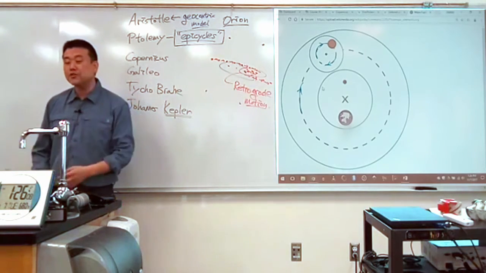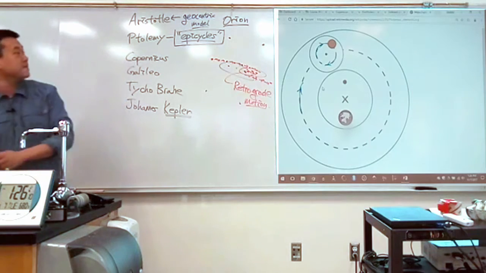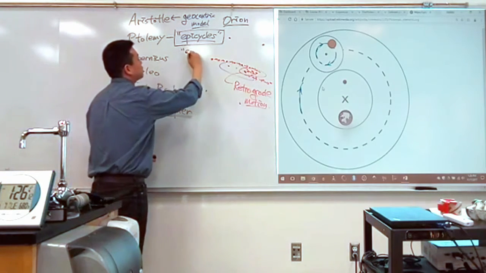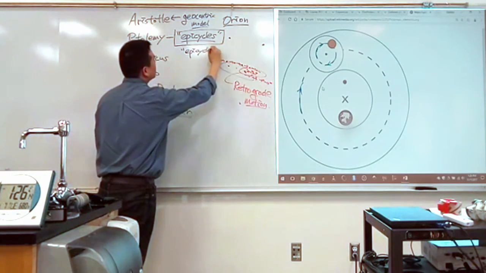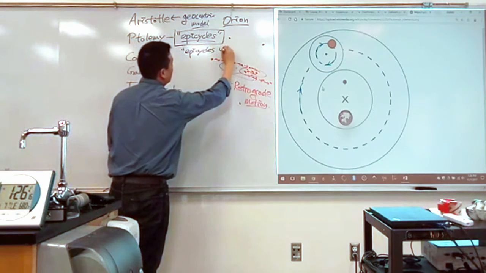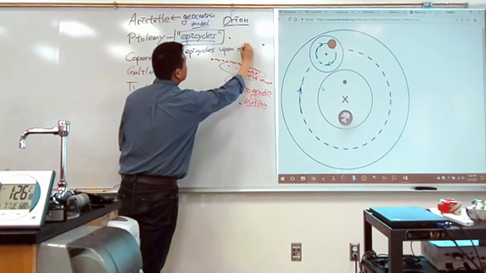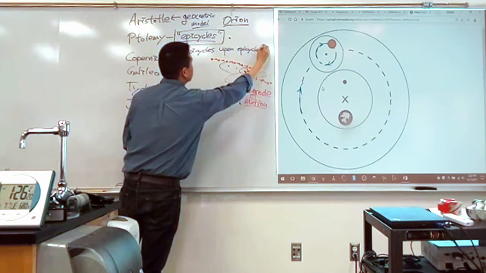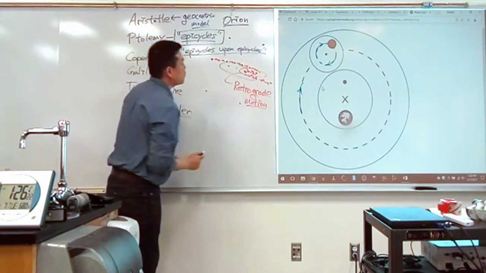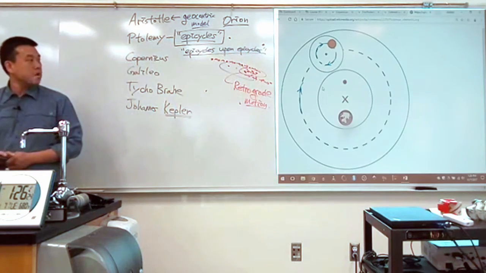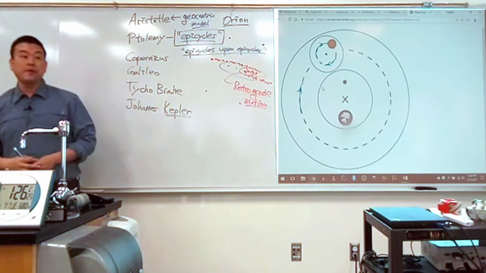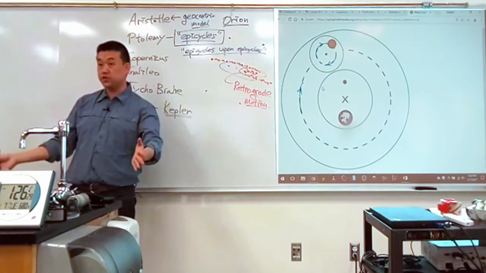And if you're into history of science at all, that phrase, epicycles upon epicycles, is a sort of commentary on the complexity of a model that you are building.